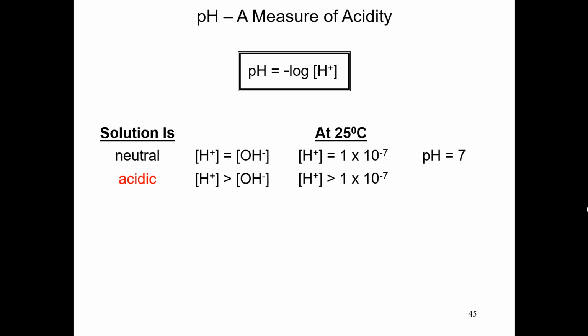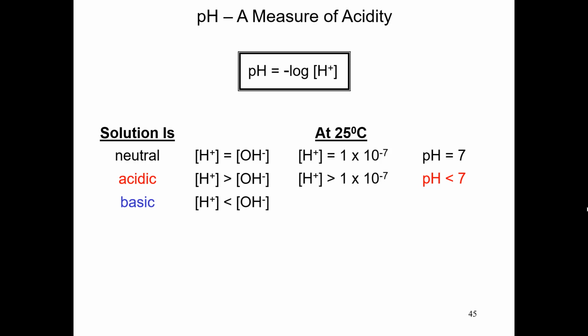So if we take minus the log of that, remember, the logarithm of 10 to the negative 7 would be negative 7. But because we're taking the negative of that, it becomes 7, but you also have to flip the greater than sign into a less than. In other words, the pH is going to be less than 7. So an acidic pH is a pH that is less than 7.